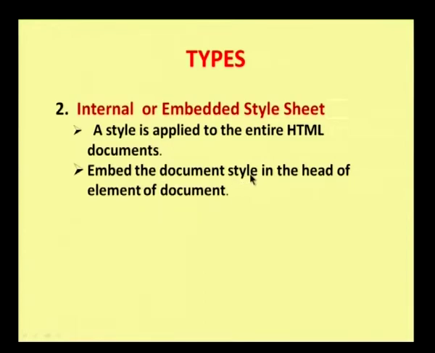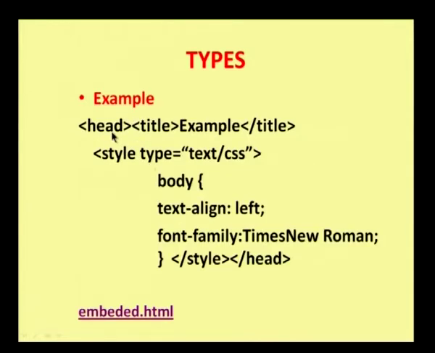Embedding the document style in the head portion of the document. Let us see this with an example. We can give the keyword style, a markup style, the type text slash CSS, which represents that it is cascading style sheet rules. So, I am going to apply it for the body section of a web page.